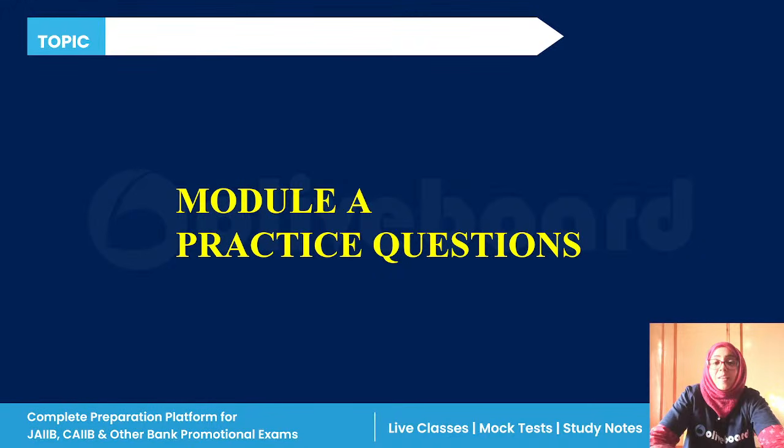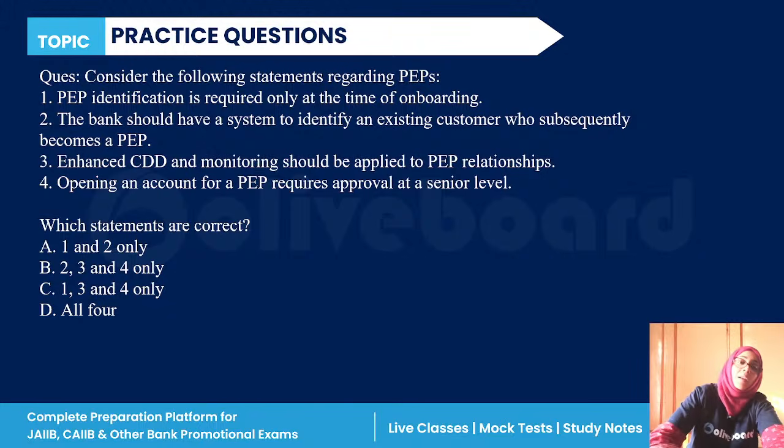So now let's start discussing with the very first question. Consider the following statements regarding the PEP, politically exposed person. Politically exposed person identification is required only at the time of onboarding. The bank should have a system to identify an existing customer who subsequently becomes a politically exposed person. Enhanced customer due diligence and monitoring should be applied to politically exposed person relationships.